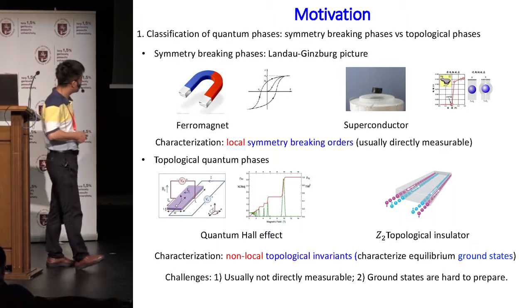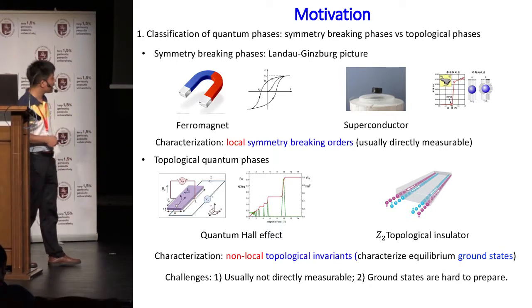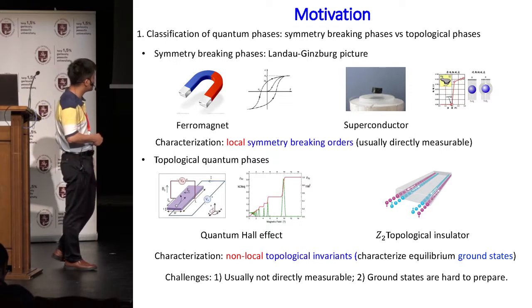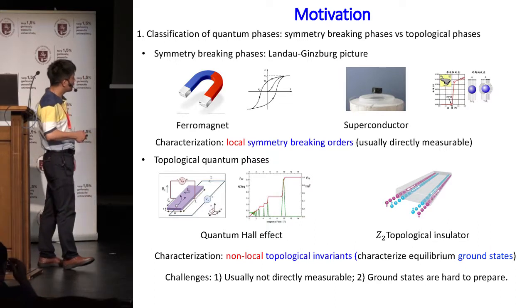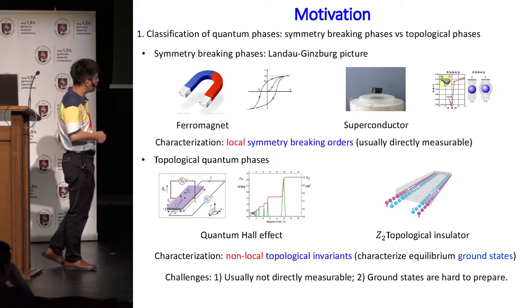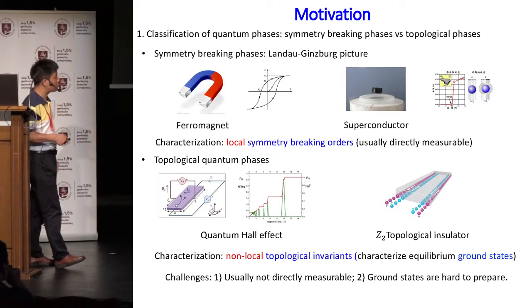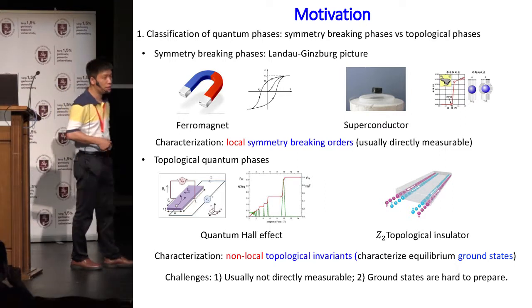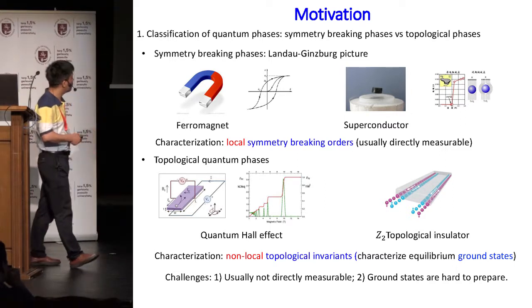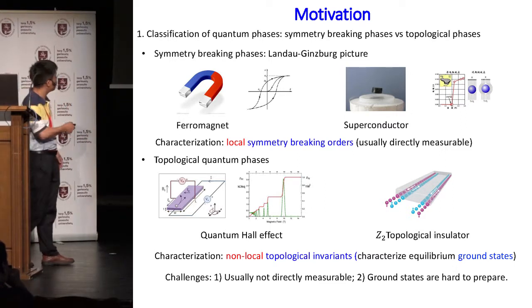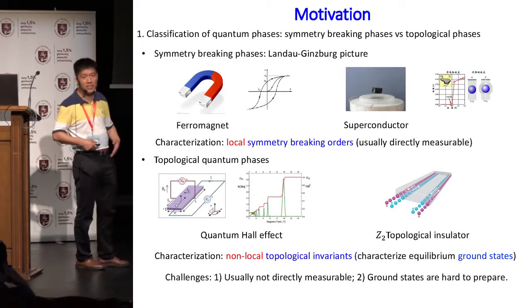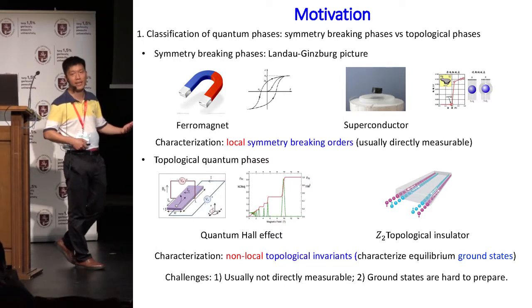But for experimental detection, typically we encounter challenges. The reason is that the topological invariants are usually not directly measurable, and the ground states could be hard to prepare in real systems. Maybe you will challenge me that, for example, the quantum Hall effect can be easily measured just by measuring the Hall conductance, right?